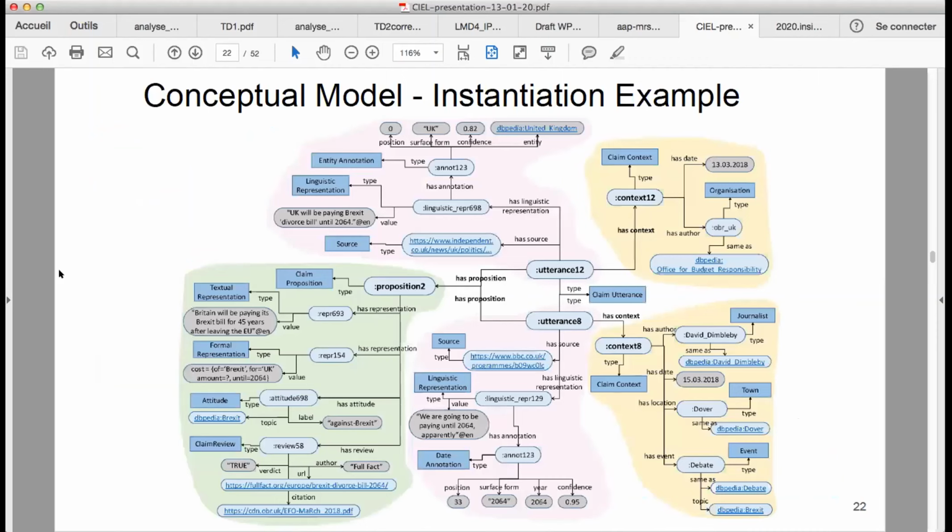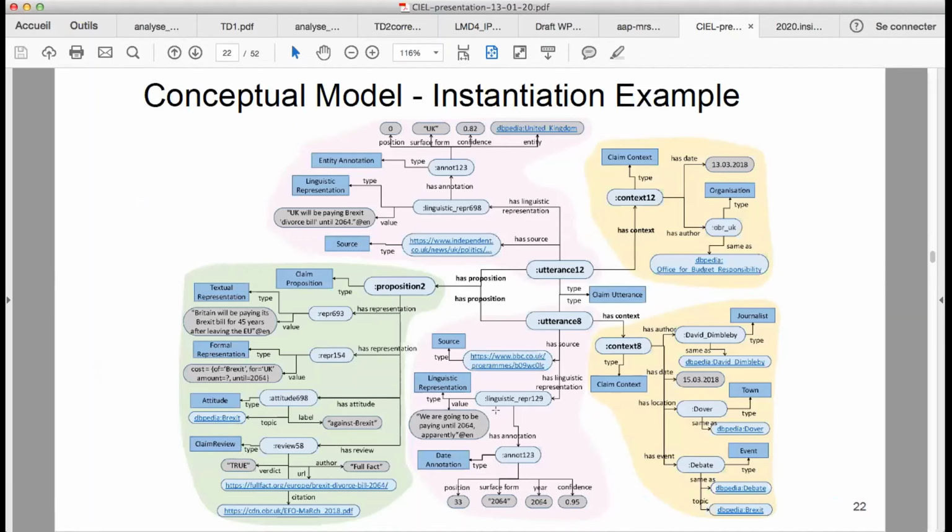What you have here, I suppose it's a little bit difficult to read, but it's not essential that we are able to read all the different components. What we have here is an example of an instantiation of our model. Roughly speaking, what you have in this part here, I guess you'll see my marker, is an example of instantiation of the proposition class.